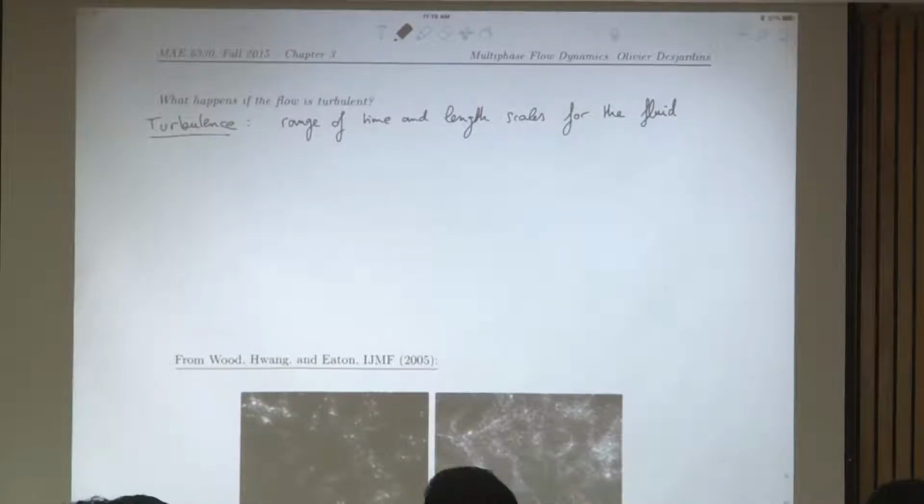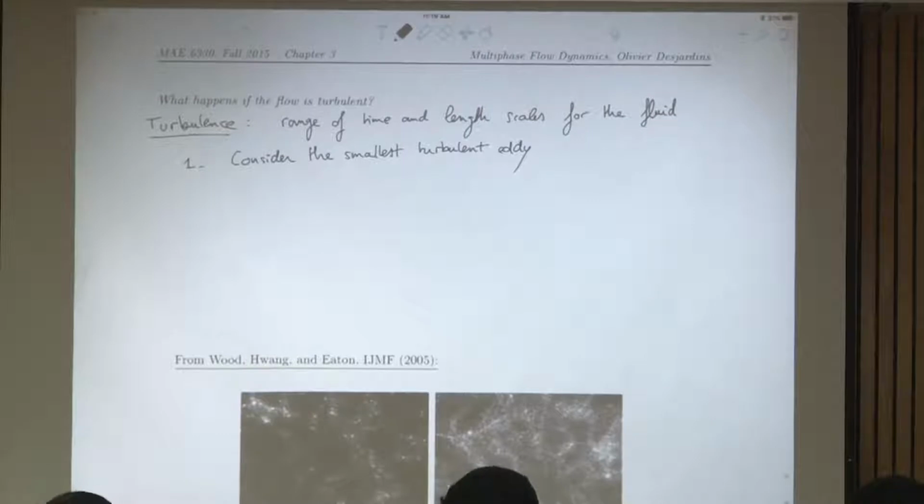If you look at this from this perspective, then the answer is you should take the smallest time scale in the flow field. That is the Kolmogorov time scale. So if you consider the smallest turbulent eddy, in itself a kind of interesting concept, but from an energetic standpoint you can argue that it exists and it's a reasonable quantity.